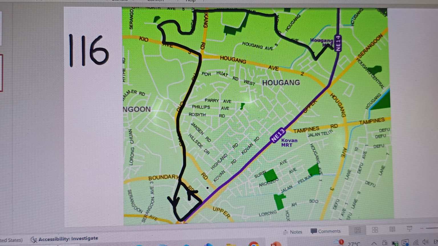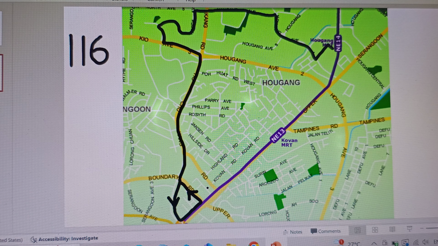The reason this is so important is because if you do it the other way round, as in service 43M, I mean it's going to become service 104, but the current 43M, if you call the bus stop on the side of the Circle Line exit, the one where Next is and the one where the taxi stand is, you would run into a lot of congestion simply because of the taxi stand.